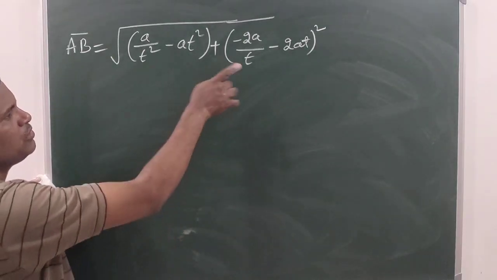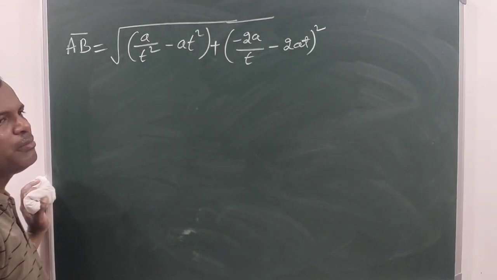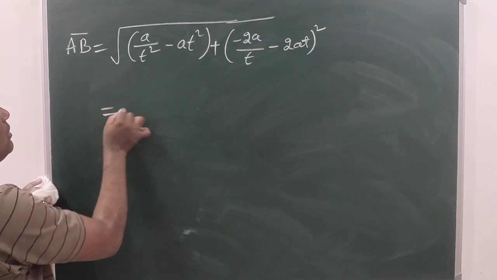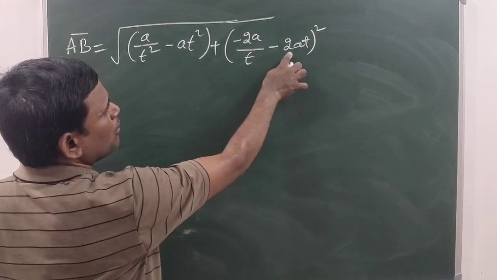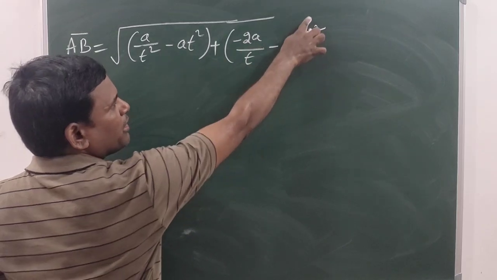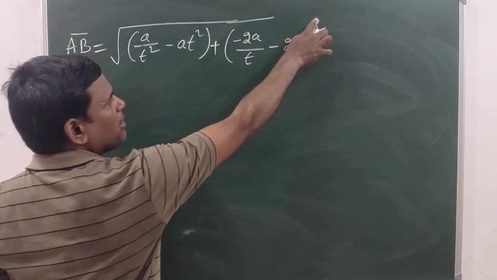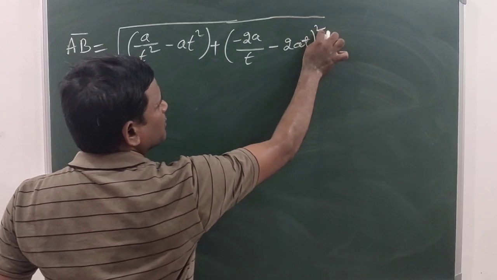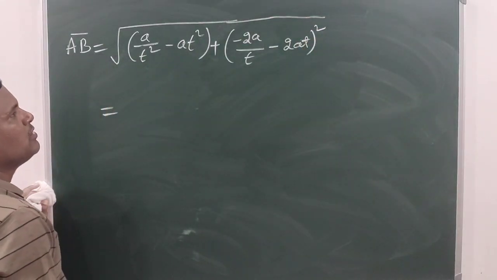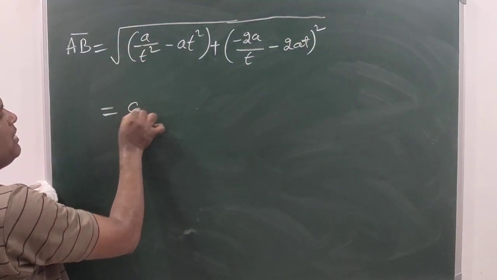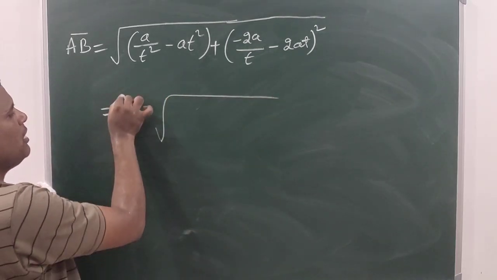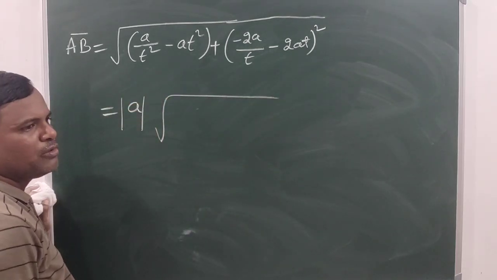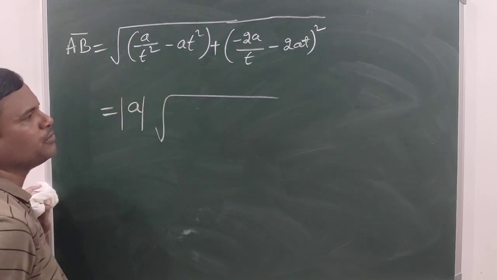Okay, right. Now simplify this. On simplifying, here you can take a square common, and here also minus 2a whole square, which comes out with the exponent of square. So finally, a will come out. Here you can write the mod symbol, because it should be positive.